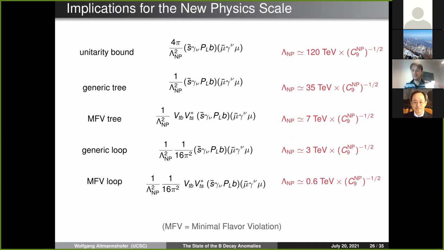So in some sense, one can think of it as an upper bound of where one has to expect new phenomena to show up. So somewhere between a few hundred GeV and let's say 100 TeV, that's a range of possible new physics scales, possible new physics states or degrees of freedom that could be responsible for the observed anomalies.